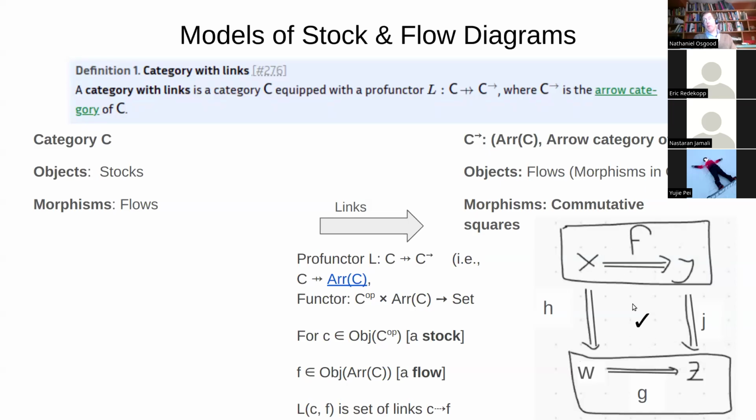This is a morphism from this object, which is a flow, to this object, which is a flow. And these are flows. So a morphism from this object to this object exists for every commuting square we have of this form.